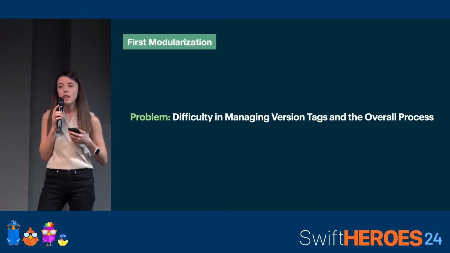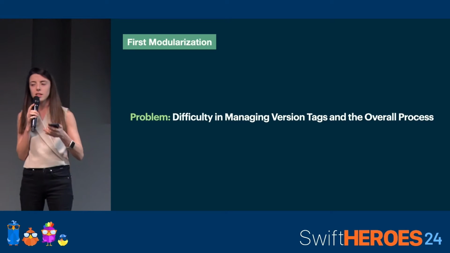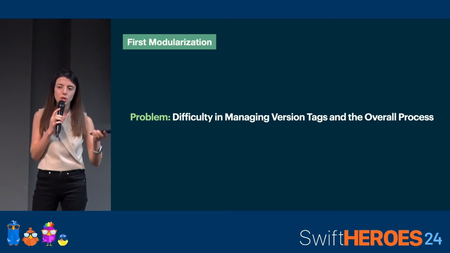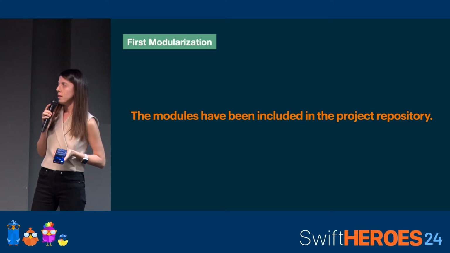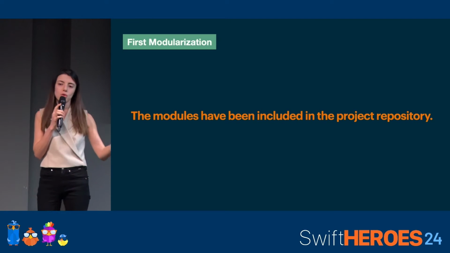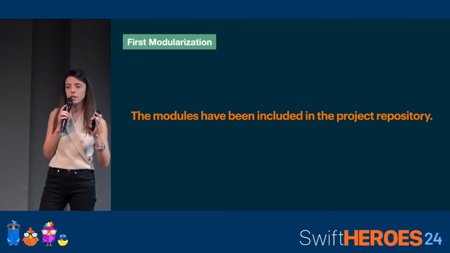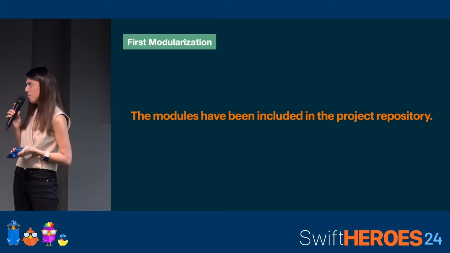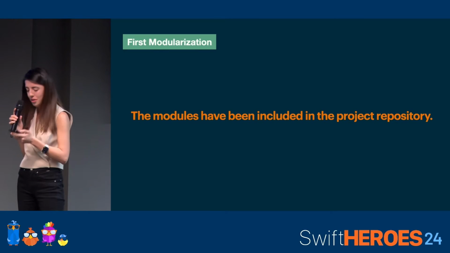Also, if we wanted to use anything from the Trendyol main app targets in a different repository, we could not handle this problem. That's why, to fix these issues, we added all submodules to the main targets, and we sent all modules with the same project. Okay. Now we can continue.